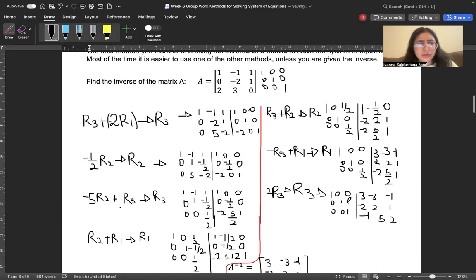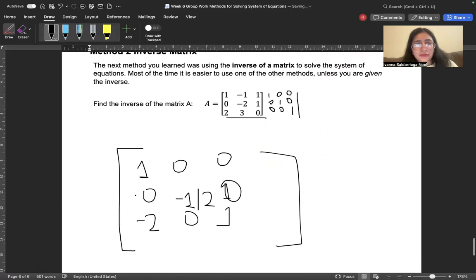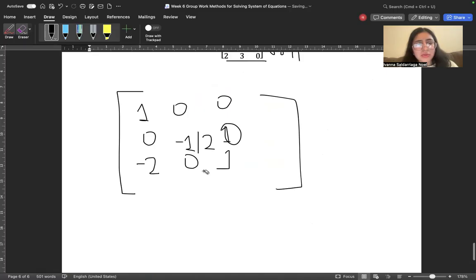Minus 5 R2, row 2 plus R3. Minus 5 row 2. This is R3. This becomes minus 5/2 plus R3, this number becomes minus 5/2.